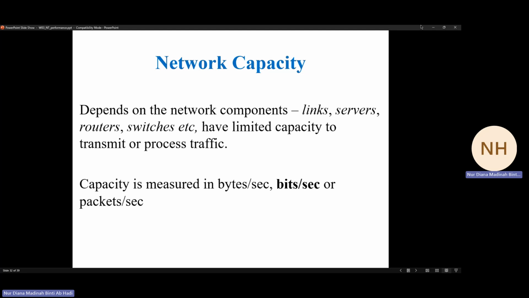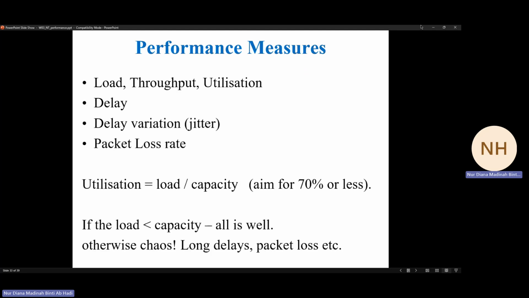So network capacity depends on the network components, which are your links, servers, routers, switches, and so on, that have limited capacity to transmit or process your traffic. So capacity is usually measured in bytes per second, bits per second, or packets per second, okay? So performance measures the load, throughput and utilization, delay variation, or packet loss rate.